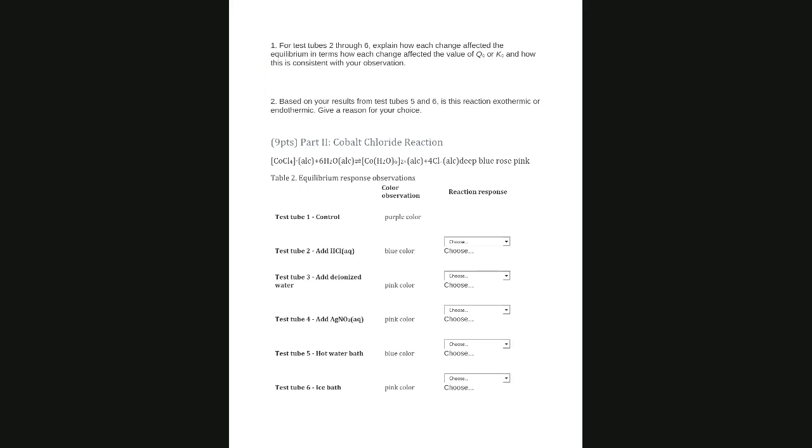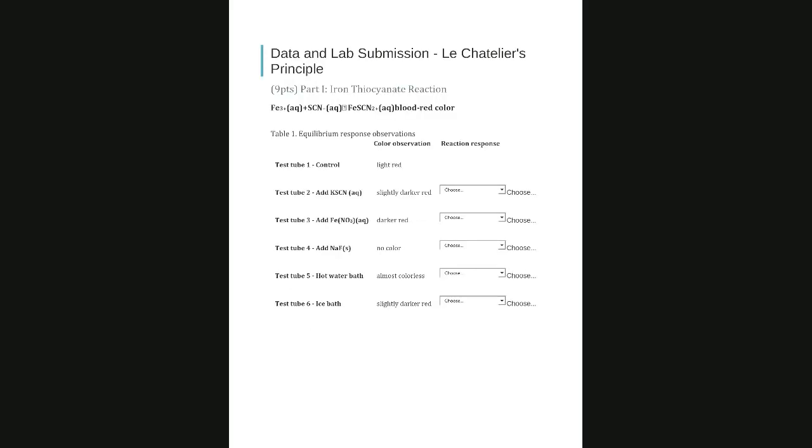Okay, and then it says, based on your results from test tube 5 and 6, is the reaction exothermic or endothermic? And give the reasons for your choice. So let's go back. All they are asking is if the reaction is endo or exo.